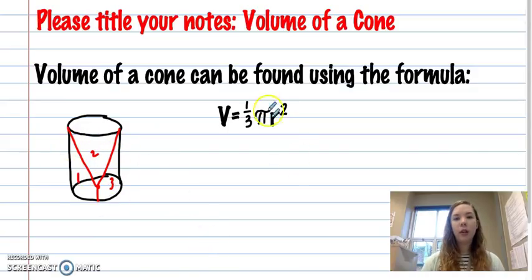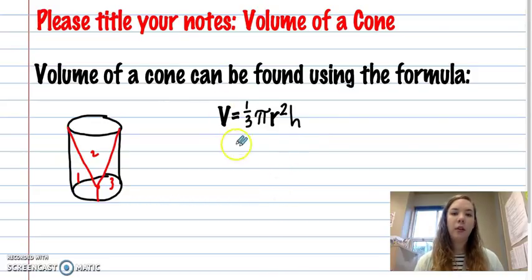So that's why we're taking our pi r squared times height. This should have an h here. And I'm just taking that times a third, or divided by 3. It's the same thing. So this is our formula for a cone. So I do want you to write this formula down.